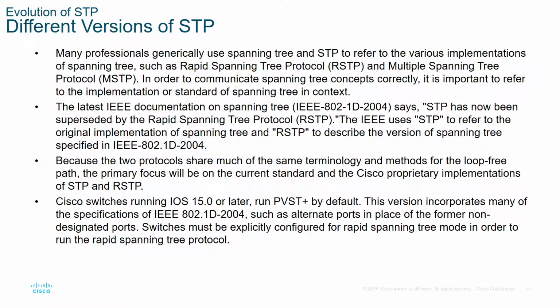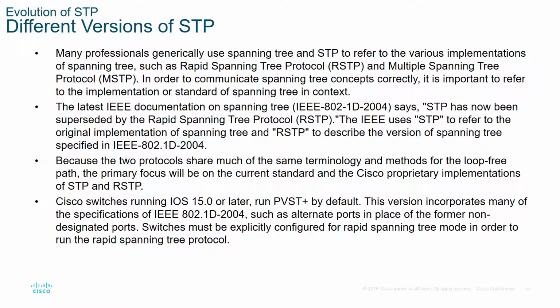A Cisco switch running IOS 15 or later runs PVST+ by default. That's per VLAN spanning tree plus. This version incorporates many of the specifications of IEEE 802.1D 2004, such as alternate ports in place of the former non-designated ports. We call them alternate ports rather than non-designated ports in PVST+.